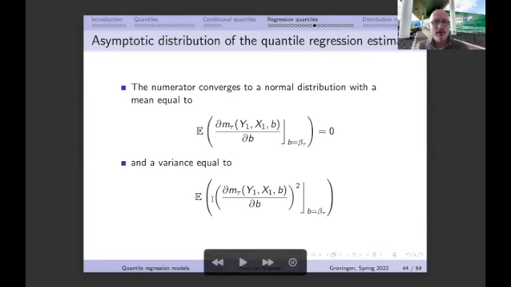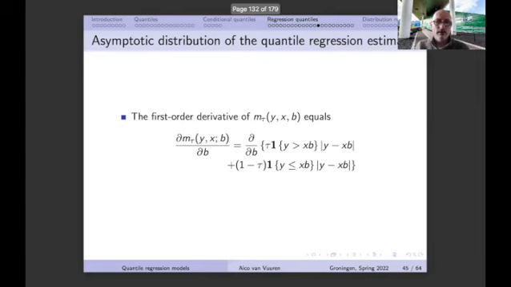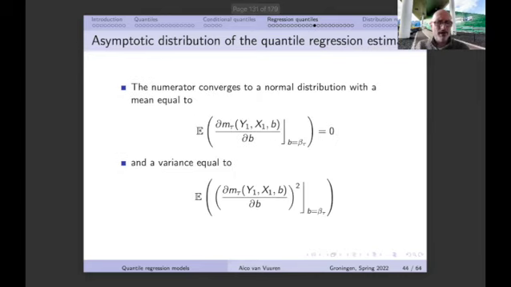So the only thing we really have to focus on is the second moment, which is exactly the same thing as what we have over here, but we need to square that term within the parentheses. So then we get this thing over here. Then I would like to calculate this, but it's going to be quite hard to directly calculate this.